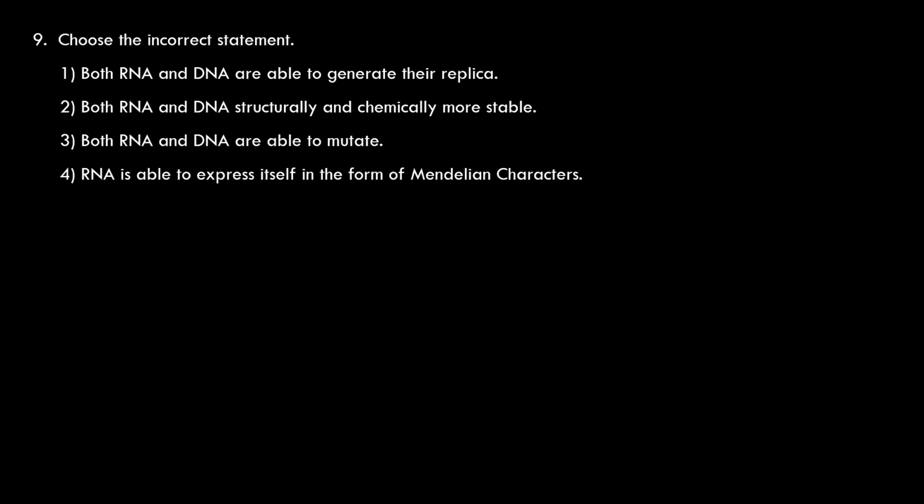Moreover, ribose has a highly reactive OH group at the second carbon, and uracil is less stable than thymine of DNA. So only DNA is more stable than RNA. Both RNA and DNA are able to mutate, absolutely true. But RNA can mutate faster because it is highly reactive. DNA is slowly subjected to change or mutation.